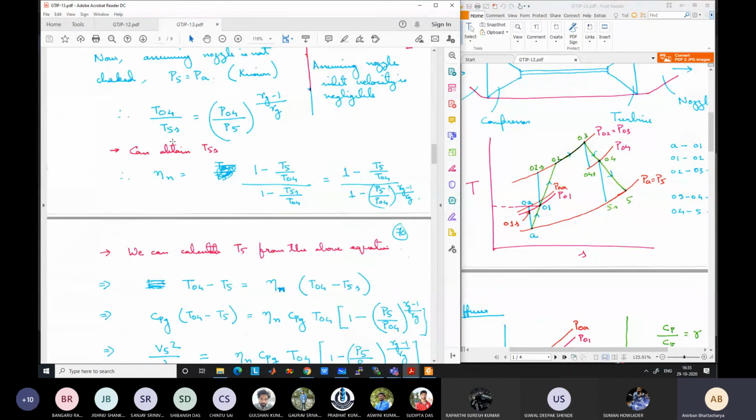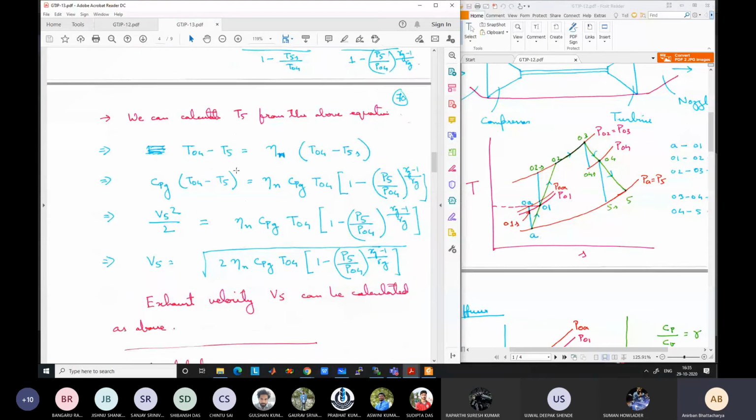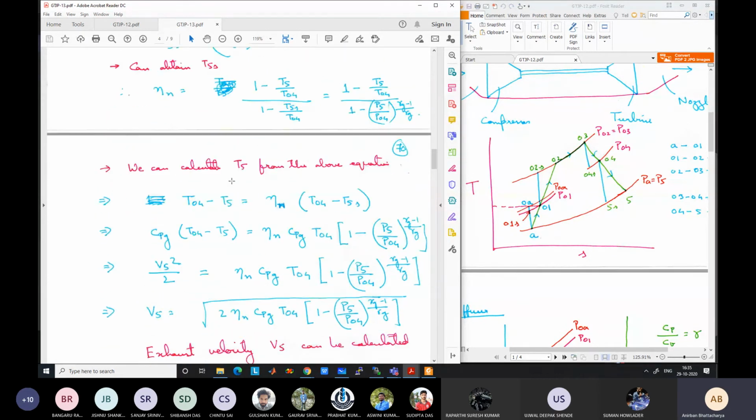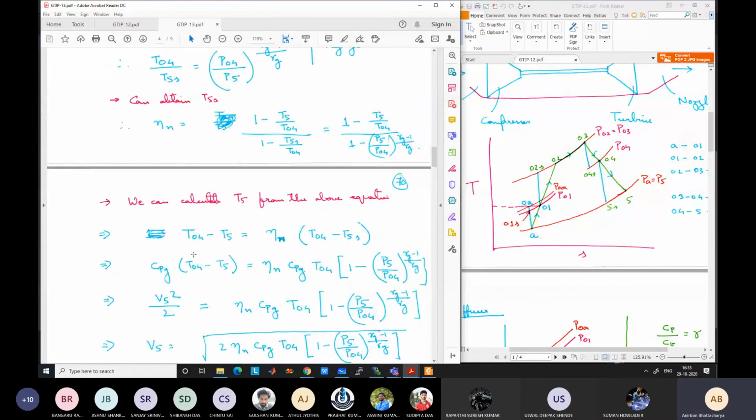Once you know what T5 is from the above equation, I have derived it in detail, but you can directly calculate. V5 square by 2 is equal to nothing but CPG into T04 minus T5.